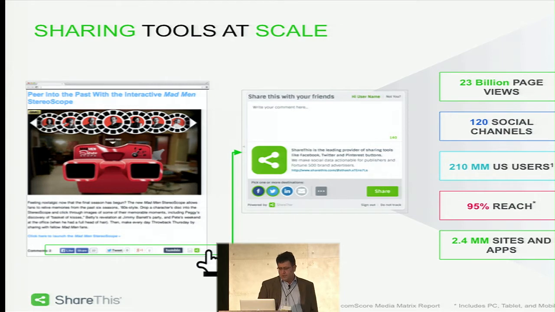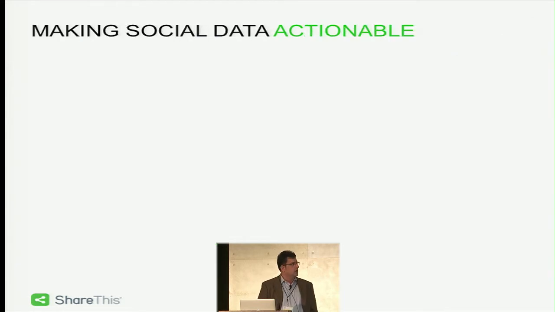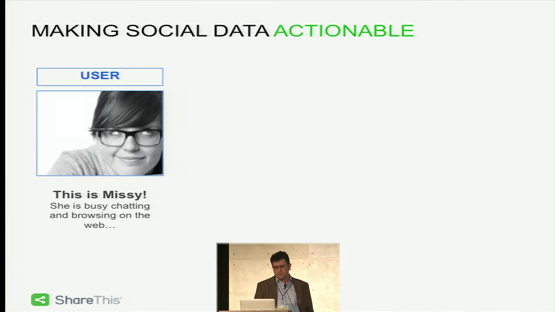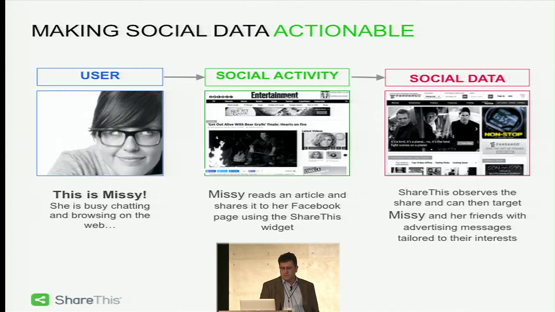So, just walking through how it works. This is Missy. She's busy chatting and browsing on the web. Missy reads an article and shares it on her Facebook page using the ShareThis widget.